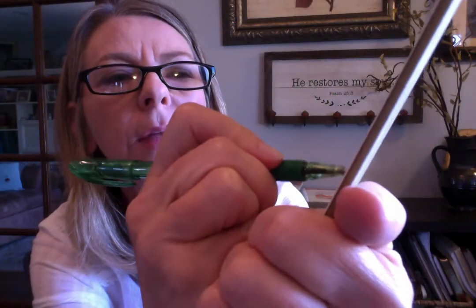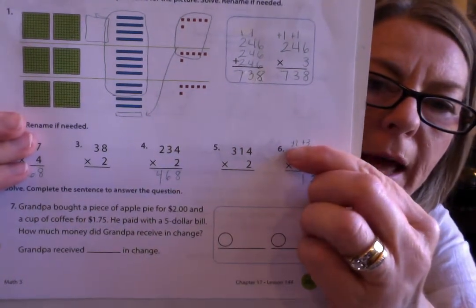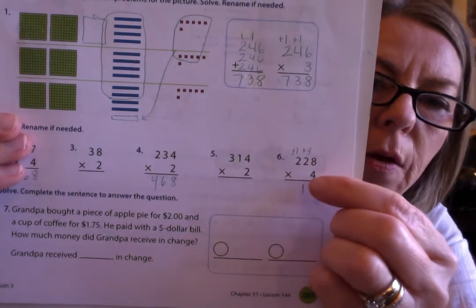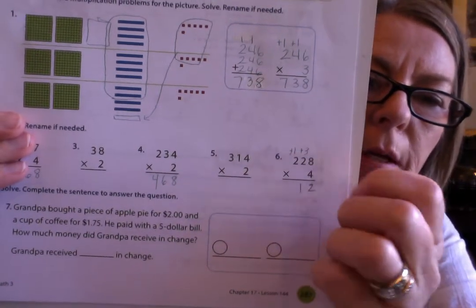So I've got to put the other one right here as 100. Okay, and I'm going to remember to add that in. It's a plus 1. Okay, so 4 times 2 equals 8, plus 1 more equals 9. So 912 is my answer there.